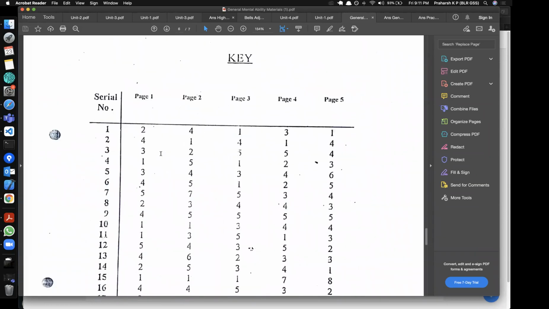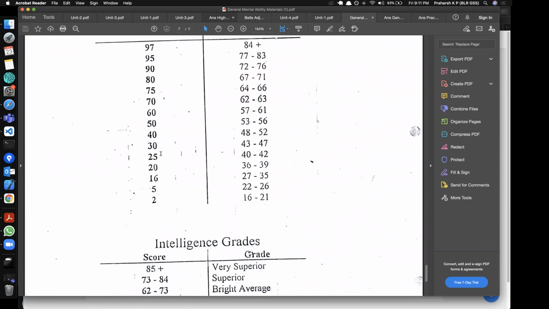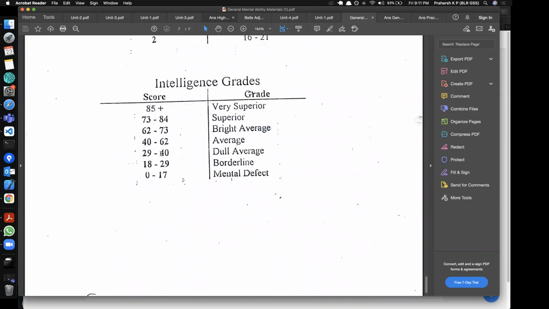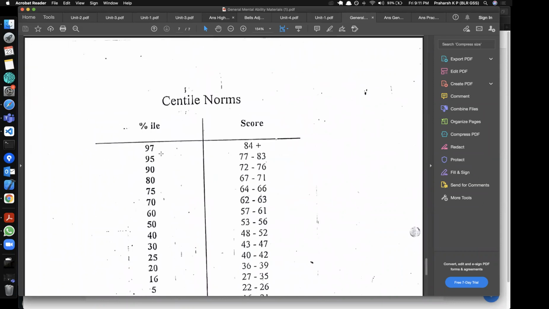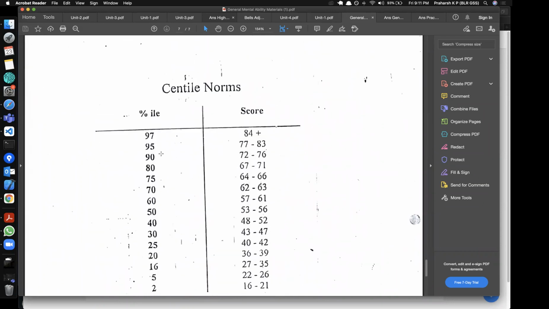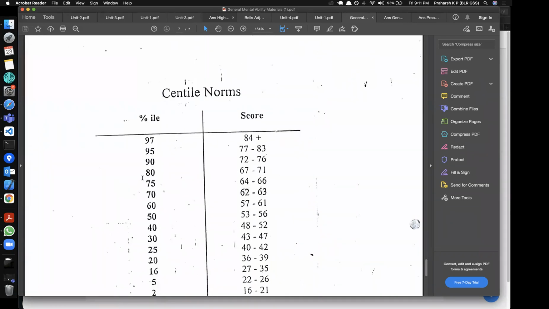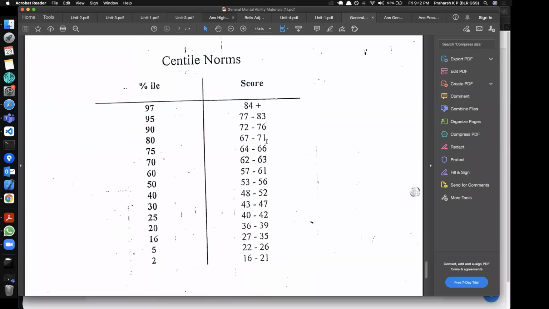Now the only notable portion of the scoring mechanism is these tables. What is it? The centile norms and the grades. So if you get your marks in these brackets, if you get a mark of 16 to 21, your percentile is 2. What does that mean? I'll come to that.